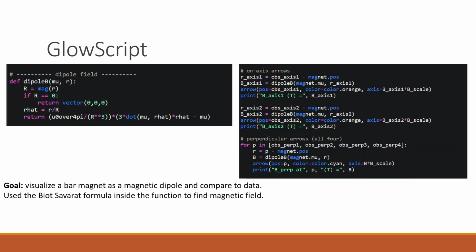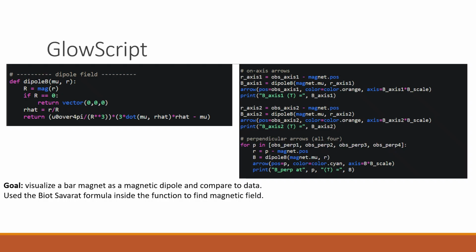Now to our coding part. This is my GlowScript code. On the left, I am calculating the magnetic field of the dipole, taking R, the magnitude of R hat, and then finally using the Biot-Savart law to find the magnetic field.